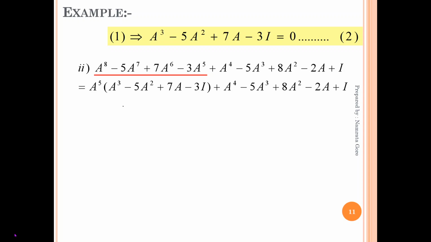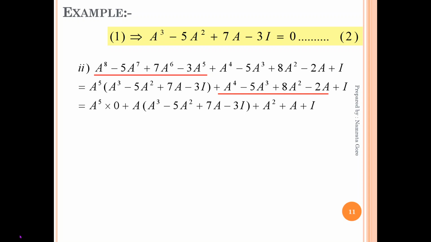Now the term in bracket is 0 by equation 2, and for the expression A to the power 4 minus 5A cube plus 8A square minus 2A, we adjust it as taking A common, A cube minus 5A square plus 7A square, so 1A square is left over here, minus 3A, so 1A is again left over here, so we have remaining as A square plus A plus I. So we are getting the similar expression as in the previous one.